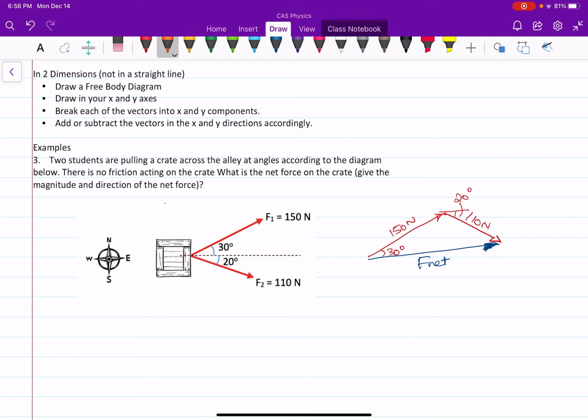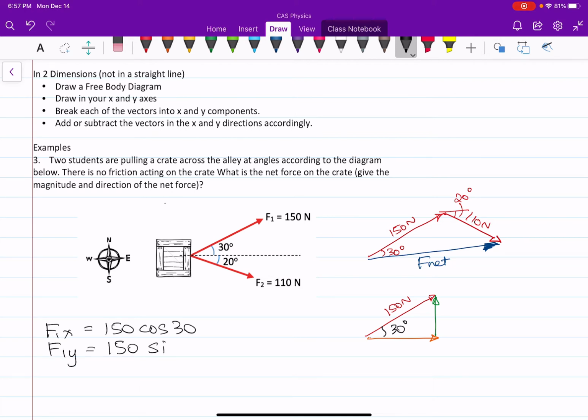Let's draw each of them in separately. So here's 150 newtons, and then we have the x component and the y component, and the angle itself is 30 degrees. Okay, so we can say F1x is equal to 150 cosine 30. F1y is equal to 150 sine 30.